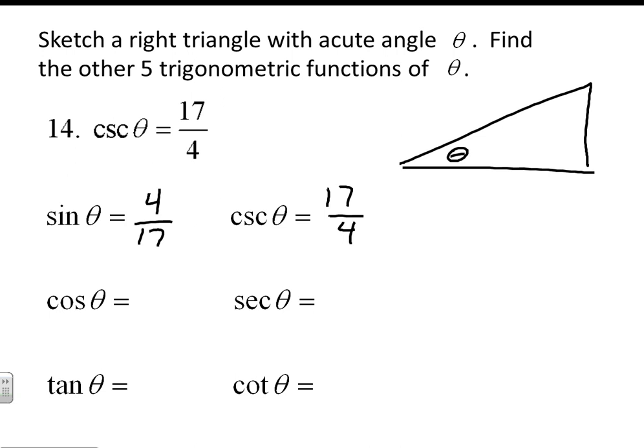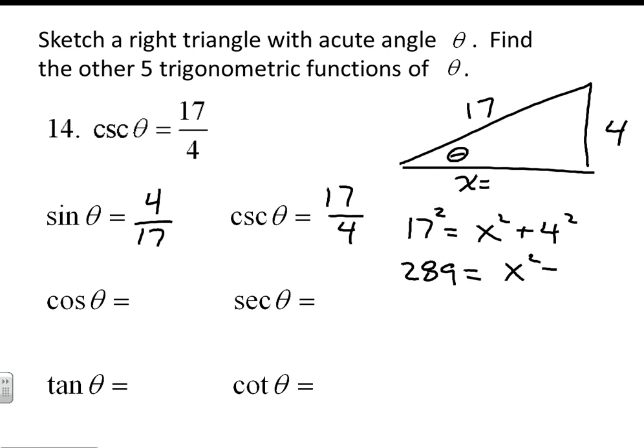Sine is y on r, or opposite on hypotenuse, 4 on 17. So if I refer to this side as x, I can say 17 squared equals x squared plus 4 squared, or 289 is x squared plus 16, or x squared equals 273.